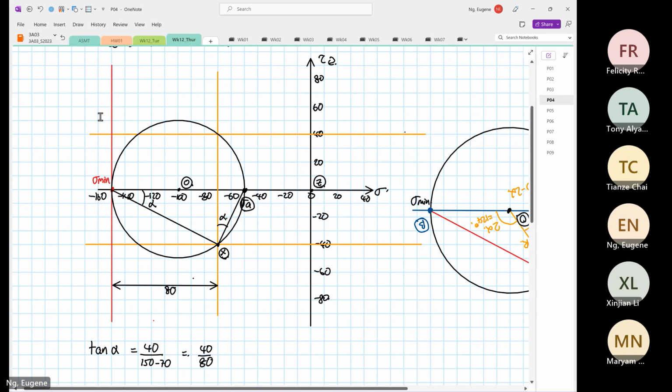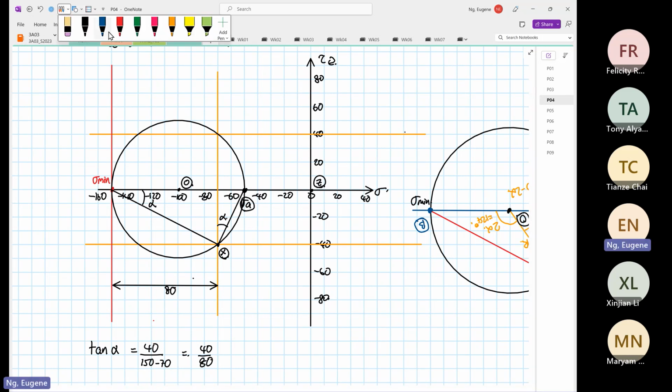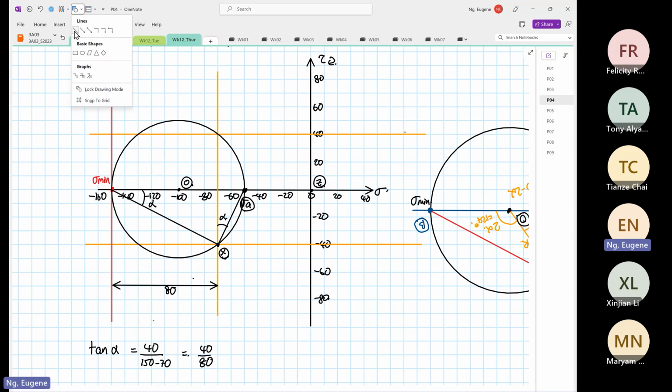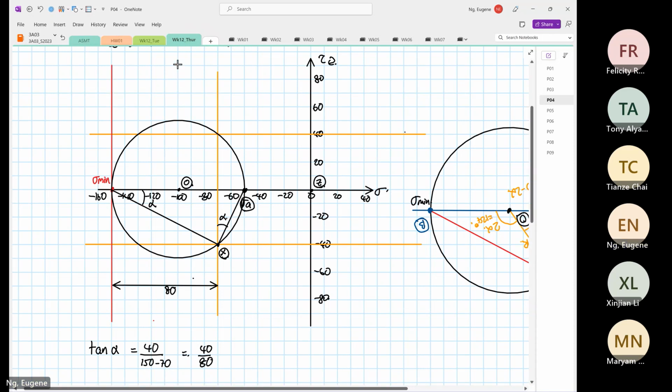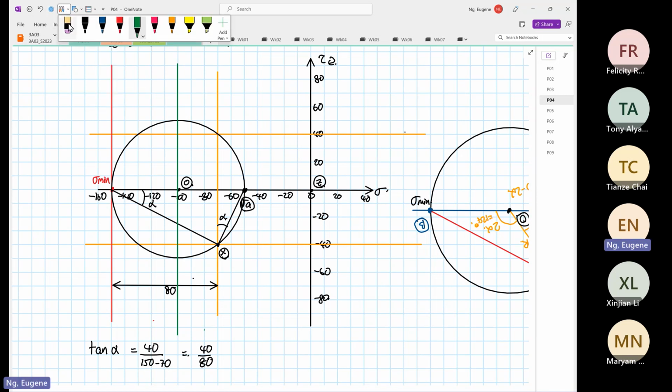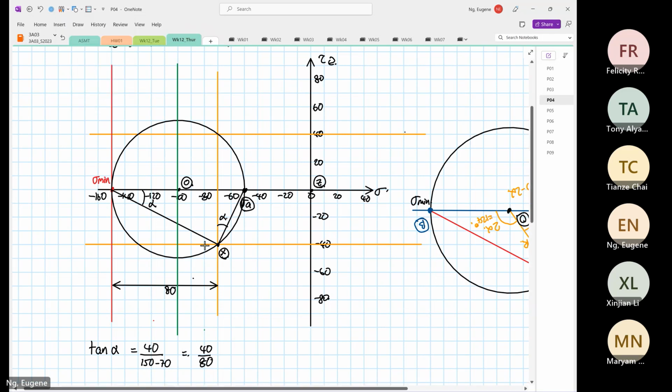Then we draw the center of circle. And from there, we can draw a line from point X, intersecting the center of the circle, and going to here. This is our stress Y2.